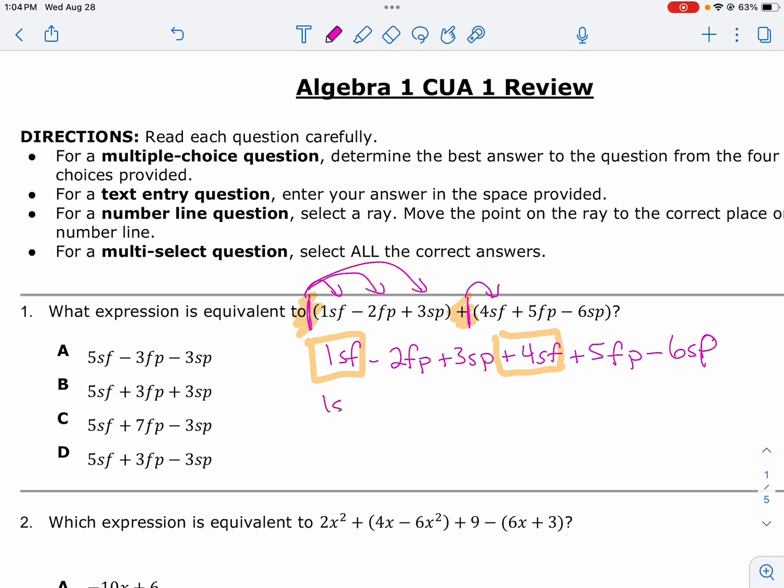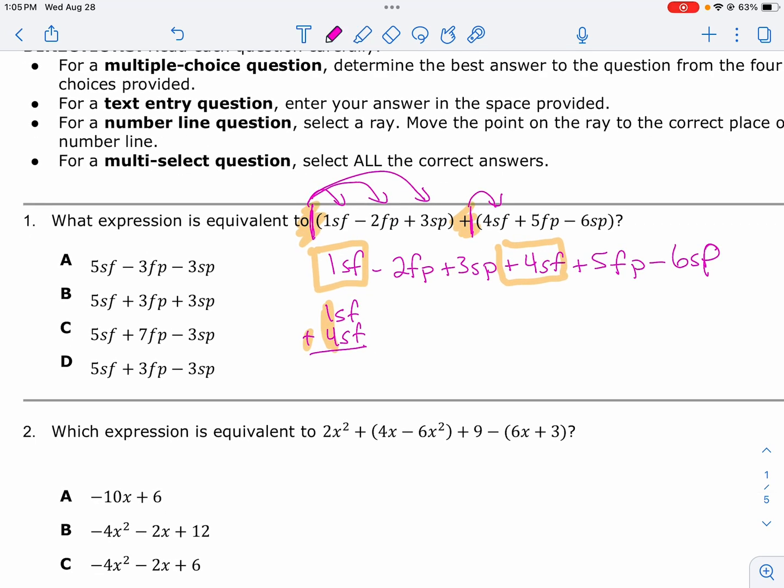So I'm going to add 1SF plus positive 4SF. Guys, when you're adding, you're really only adding the coefficients. Remember, the coefficients are the numbers at the beginning of your variable term. So 5, and then you just bring down your SF. And if you look, all of my answer choices begin with 5SF.